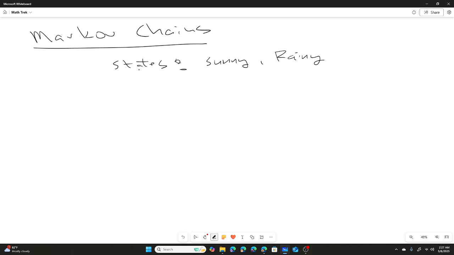So we have states and then we have transitions between states. Transitions are typically probabilities, transition probabilities.